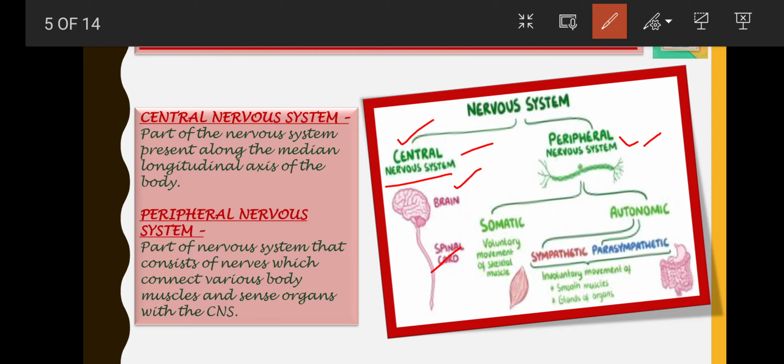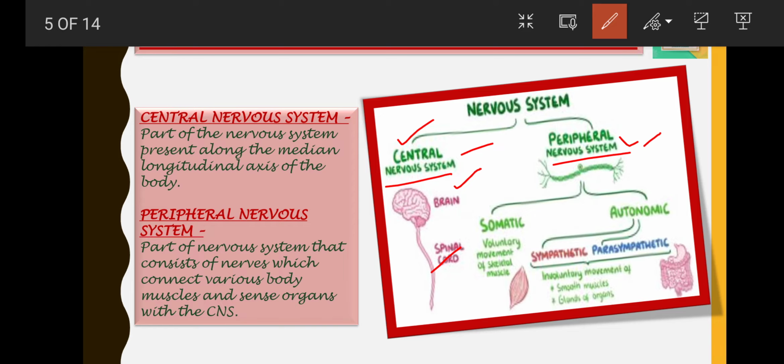And the second part is the peripheral nervous system. The part of the nervous system that consists of the whitish thread-like nerves which connect the various body muscles and the sense organs with the central nervous system is termed the peripheral nervous system. The nerves originate from the brain and the spinal cord and are termed the cranial and the spinal nerves.